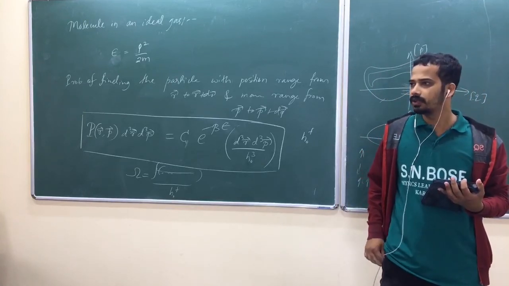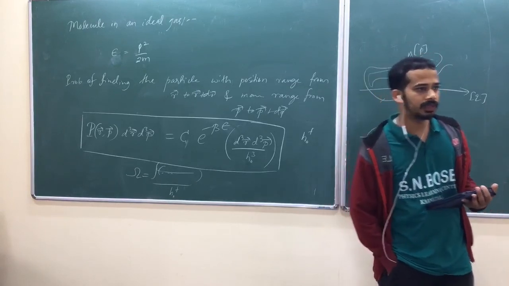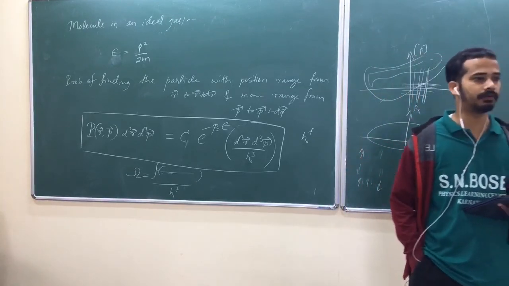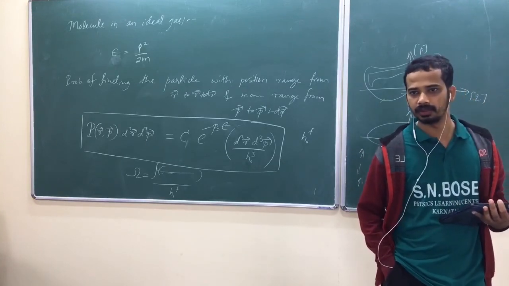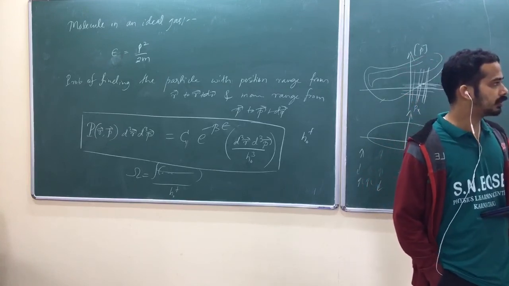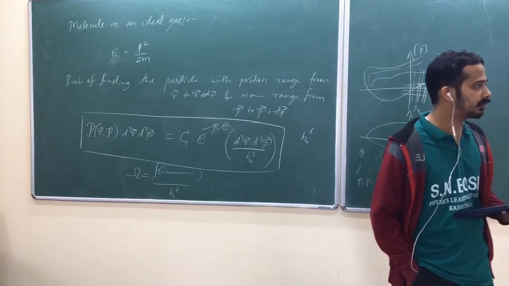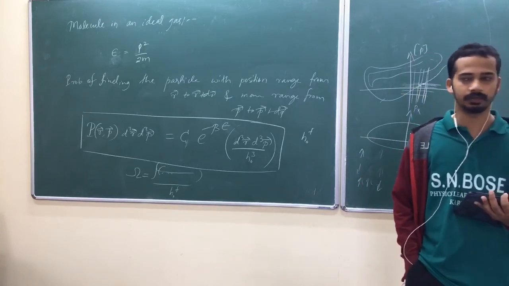Material with different spin, no, I think that will not happen. Usually material means usually same type of atoms will be there, isn't it? If you are talking about some alloy or something, two dissimilar materials, it's very difficult to form a solid out of two dissimilar materials.